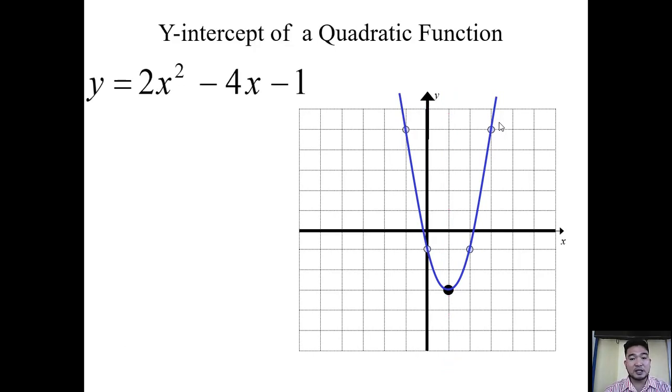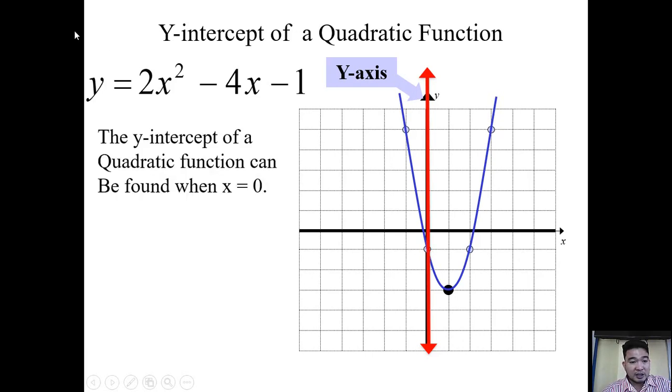Y-intercept of a quadratic function. Y-intercept means where the parabola touches the y-axis. So in this quadratic function, y is equal to 2x squared minus 4x minus 1, the y-axis is the red line, and the parabola touches the y-axis at this point.